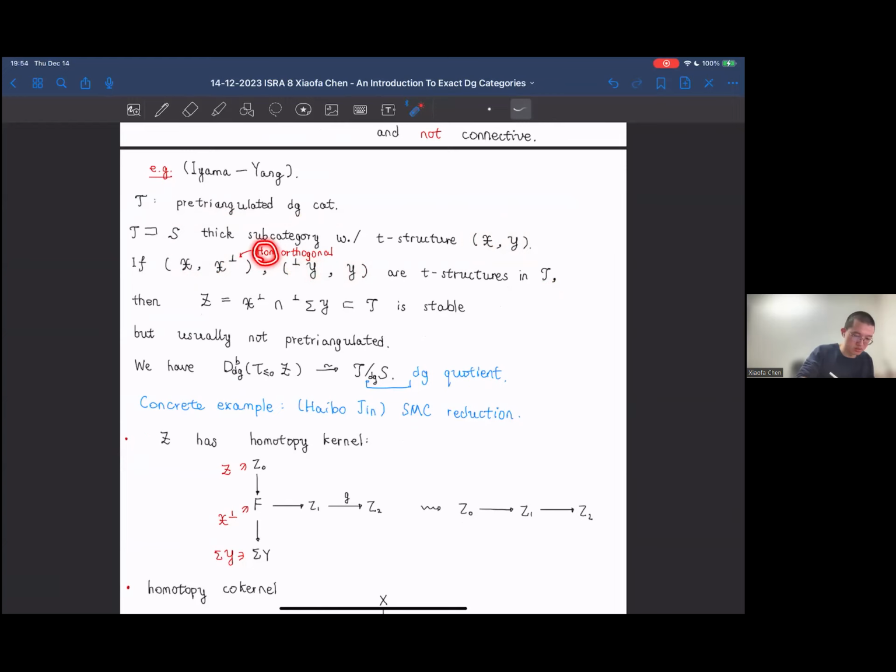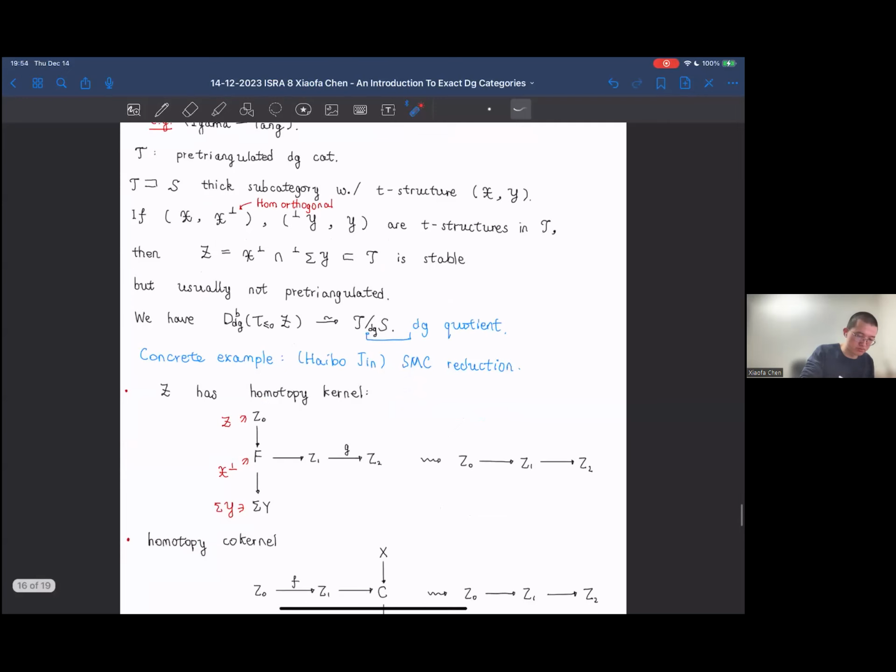And then we assume these two pairs of subcategories are T-structures in P. Then this full DG subcategory Z of T is stable. Here Z is given by the intersection of the right orthogonal of X and the shift of the left orthogonal of Y. Okay, but this Z is usually not pre-triangulated.